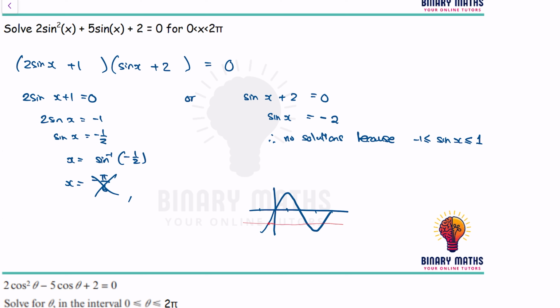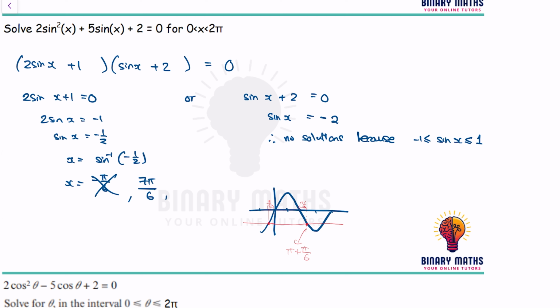I know up to this part is pi over 6. So if I need to find this part, this is pi over 6. So it must be pi plus pi over 6 for the first solution, which is equal to 7 pi over 6, which is within my range.